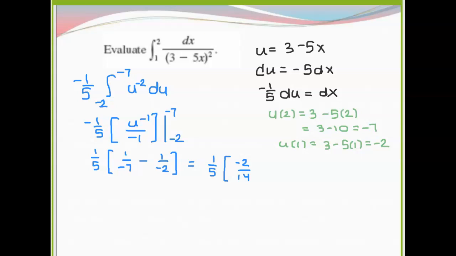And then a half minus another half becomes a positive. And then to make that in terms of 14, you'd multiply by 7 over 7, or get 7/14. So 7/14 minus 2/14 is 5/14. Oh, how nice. 5/14 times 1/5. Goodbye, 5s. And we get 1/14.